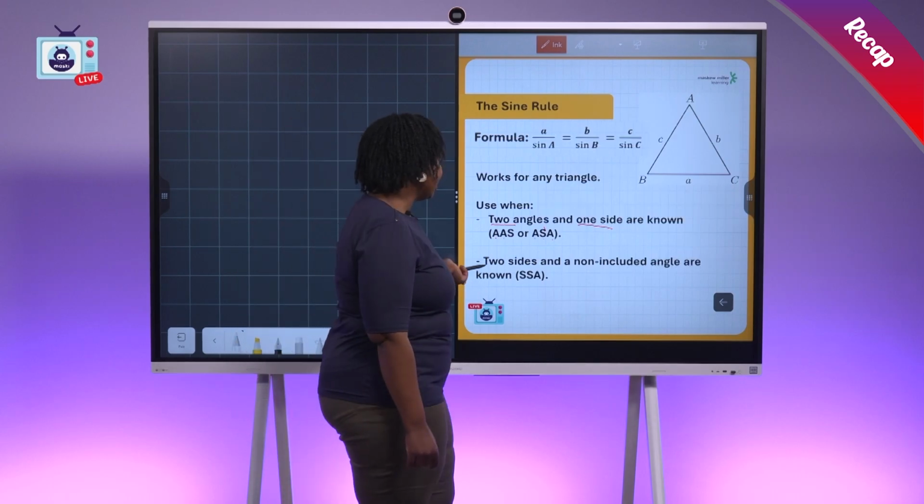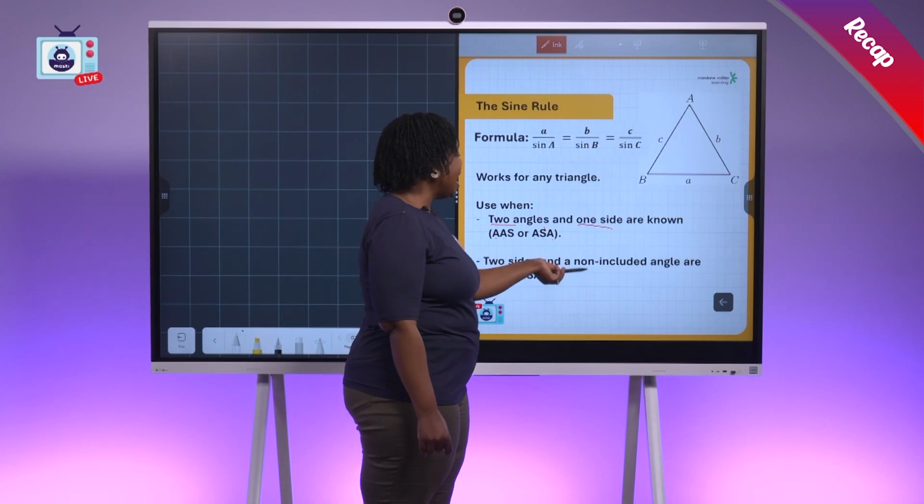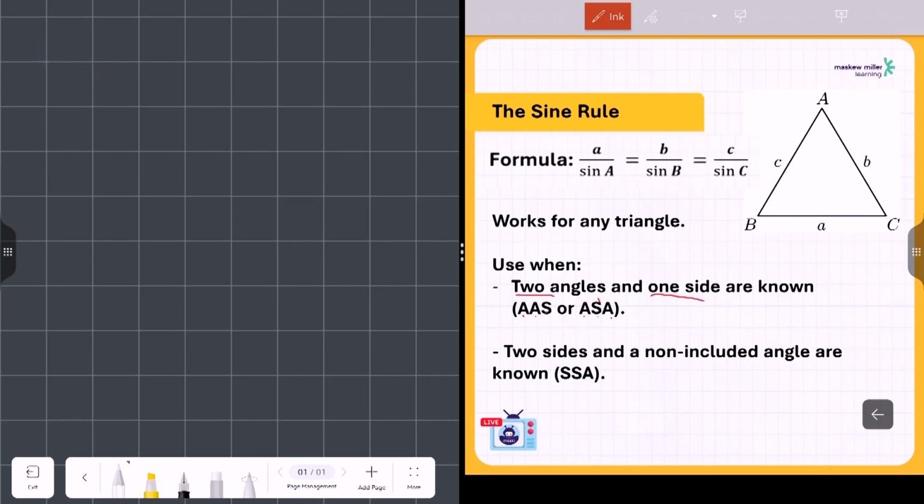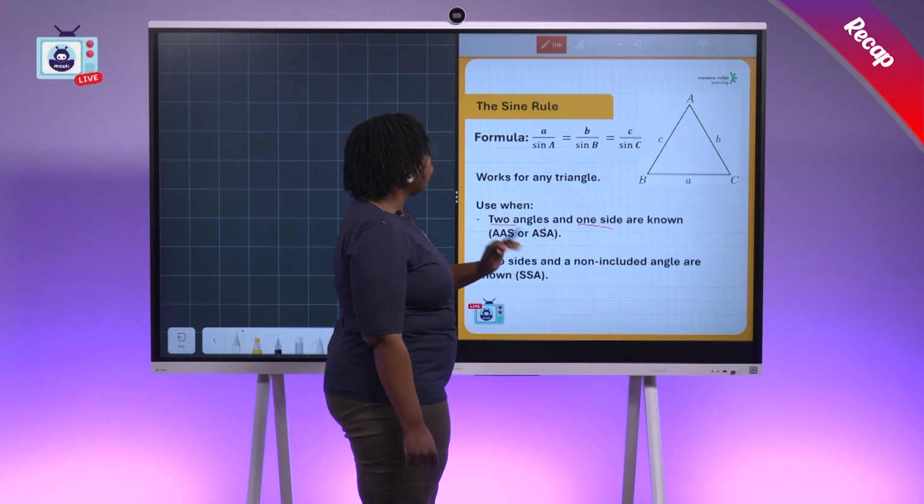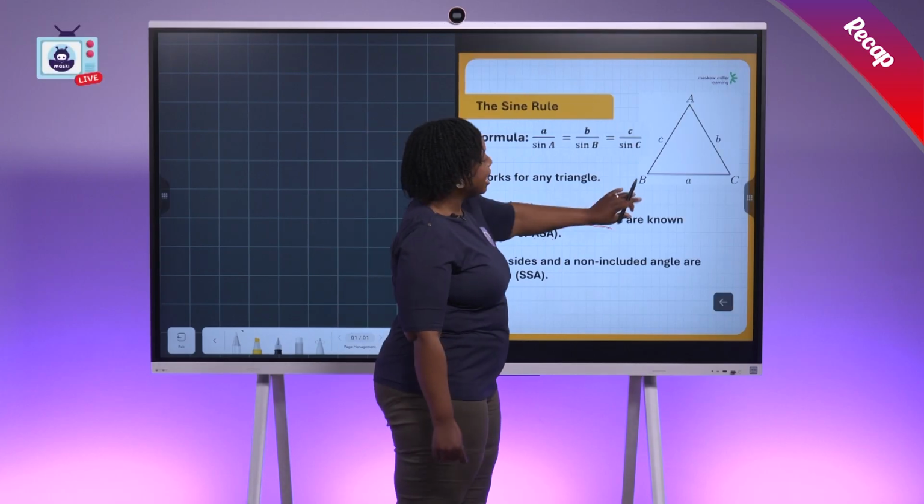Another way is if you are given 2 sides and a non-included angle, you can also use it. So they can give you an angle, included side, and an angle, or they can give you a side and an angle, for you to be able to apply the sine rule.